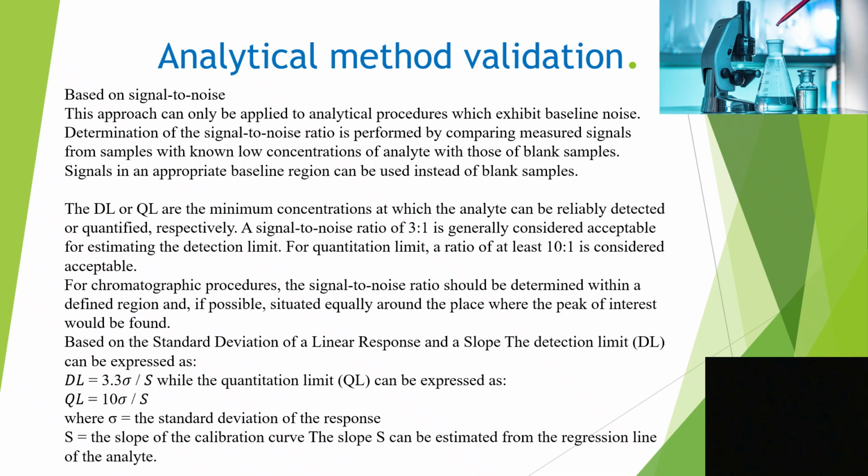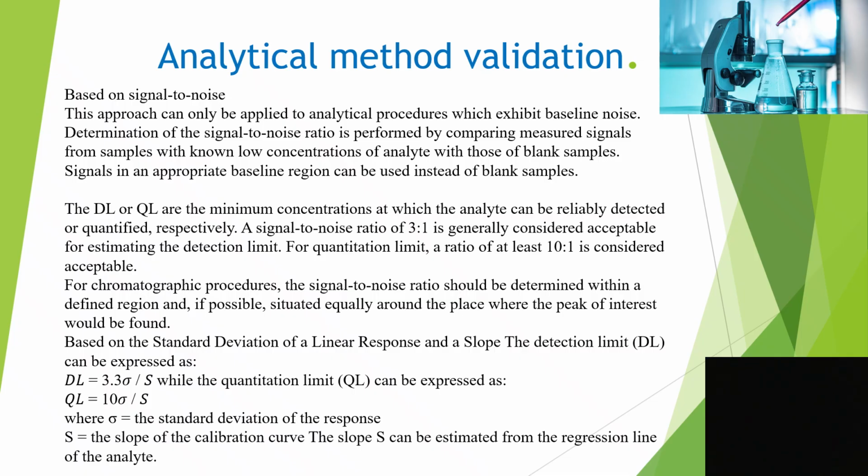Based on signal or signal to noise. This approach can only be applied to analytical procedures which exhibit baseline noise. Determination of signal to noise ratio is performed by comparing the measured signals from samples with known low concentrations of analyte with those of the blank samples, means there should be a blank sample also and a standard sample also.